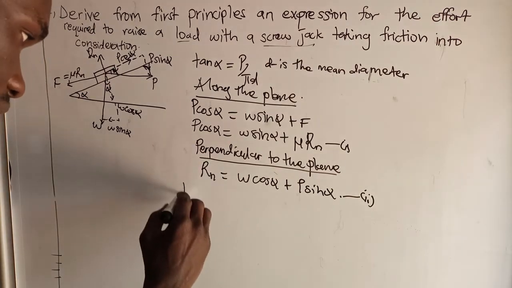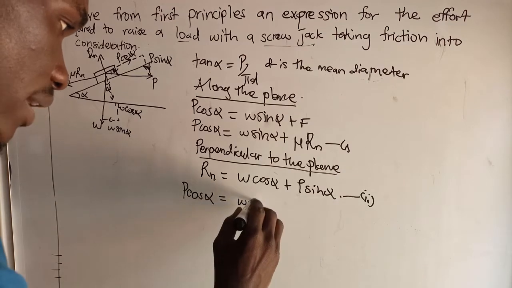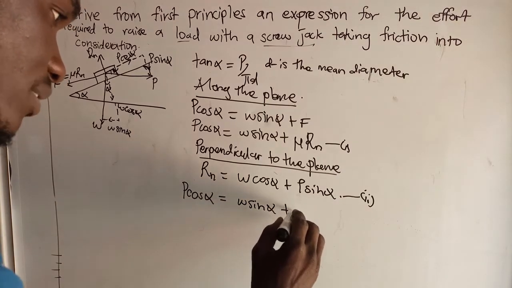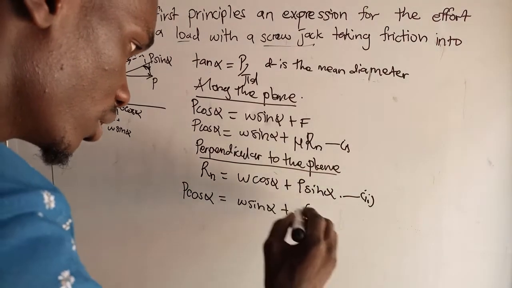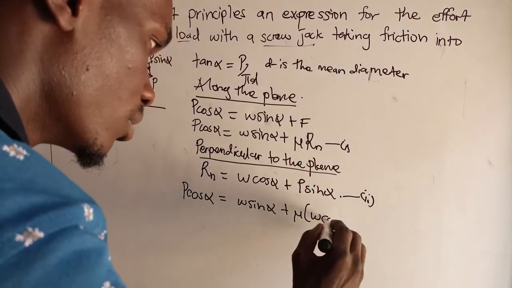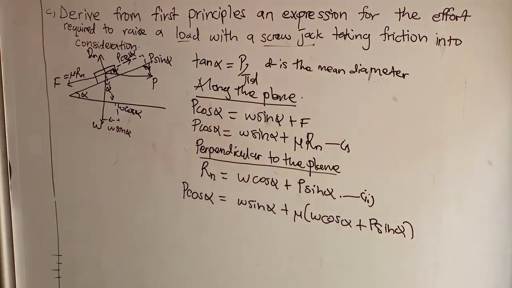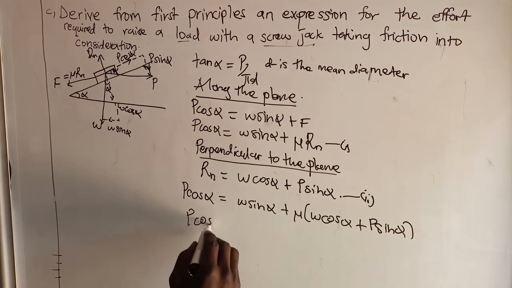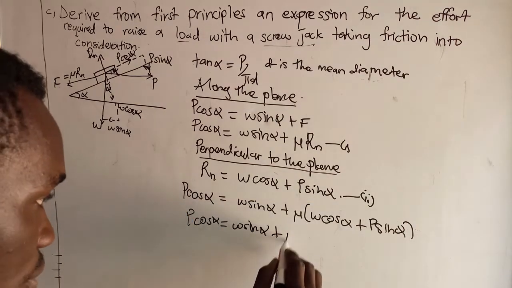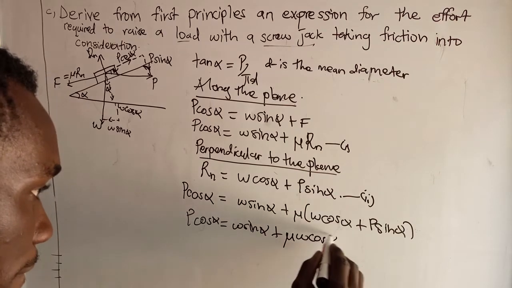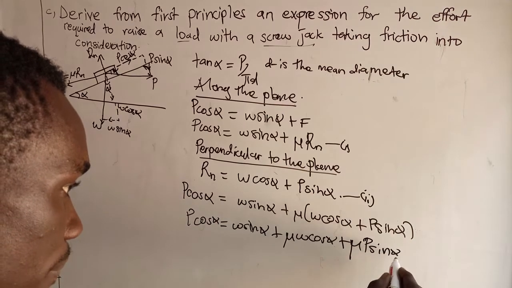We get P cos alpha equals W sin alpha plus mu R, where R is W cos alpha plus P sin alpha. We get P cos alpha equals W sin alpha plus mu W cos alpha plus mu P sin alpha.